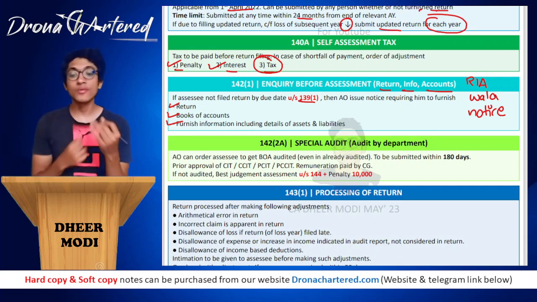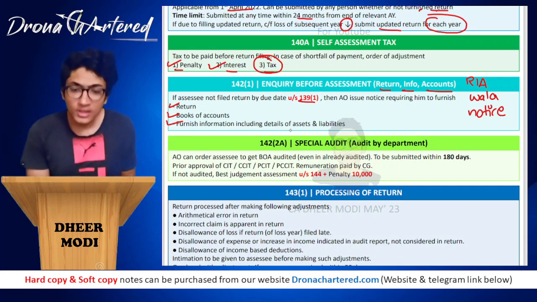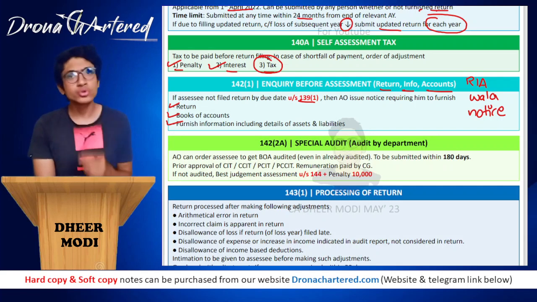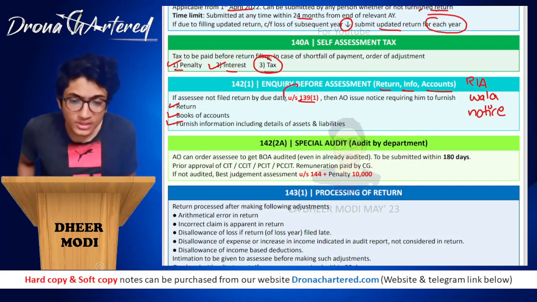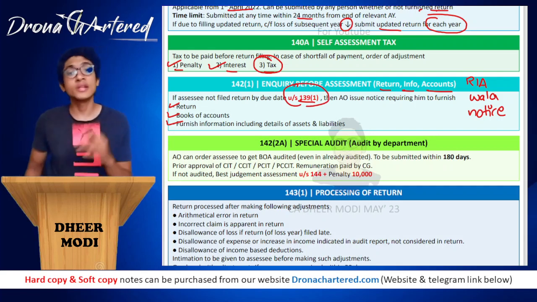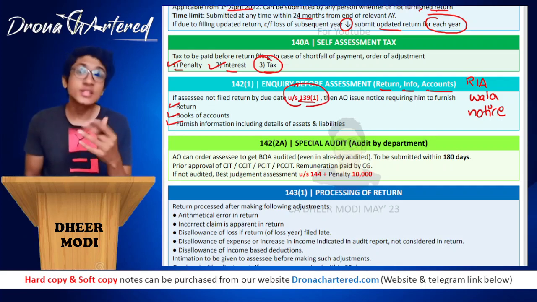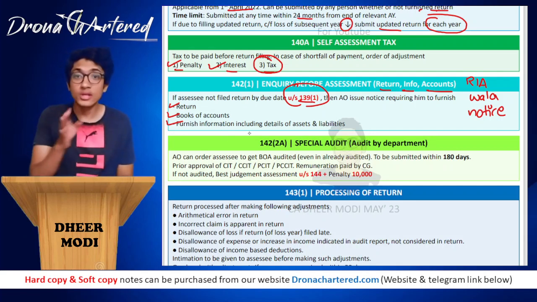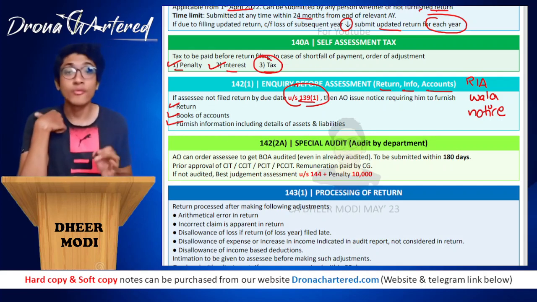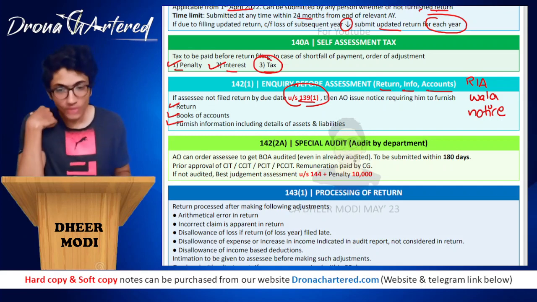That means if the AO feels that you should have filed your return of income, but you have not, and the due date of section 139(1) has already passed, then in such a case he will issue you a notice under section 142(1), that is your RIA wala notice. So, inquiry before assessment. Okay.